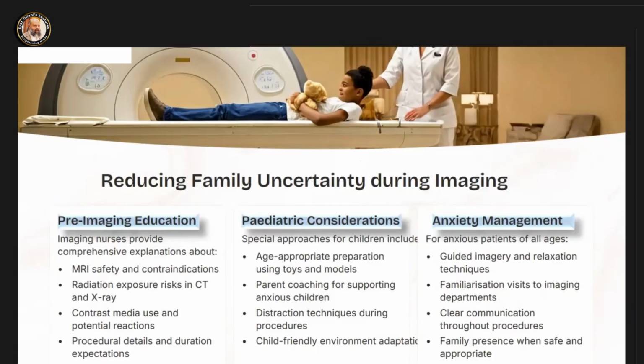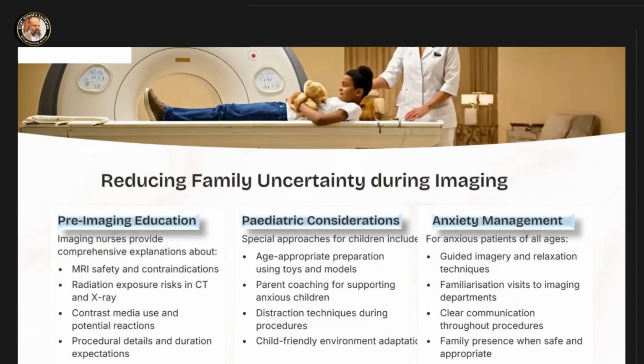For anxiety management, for anxious patients of all ages, guided imagery and relaxation techniques are used. Familiarization visits to imaging departments, clear communication throughout procedures, and family presence when safe and appropriate.